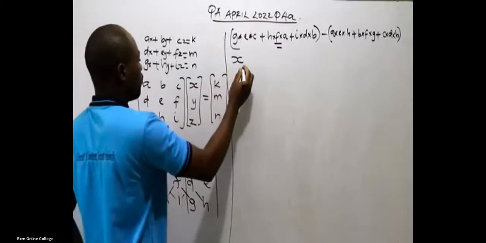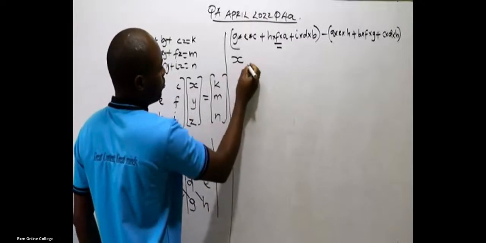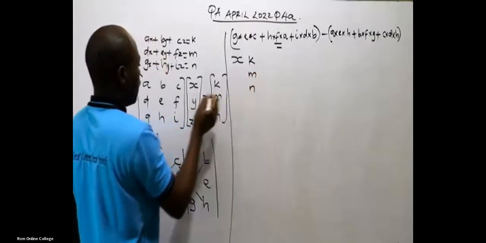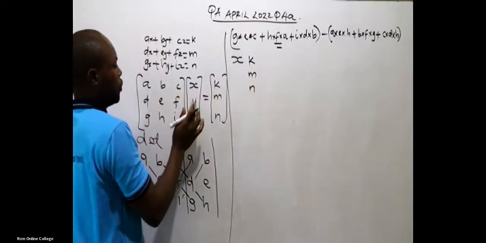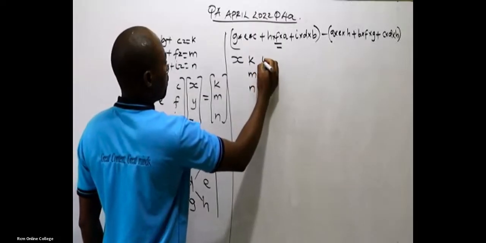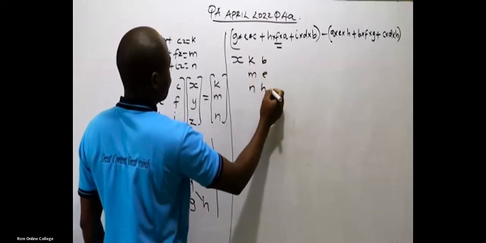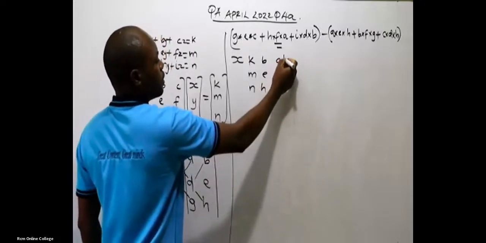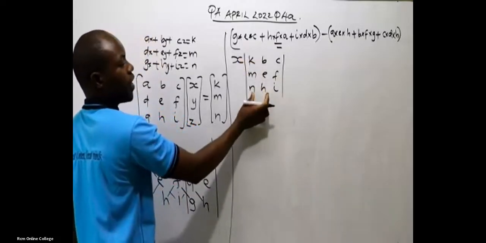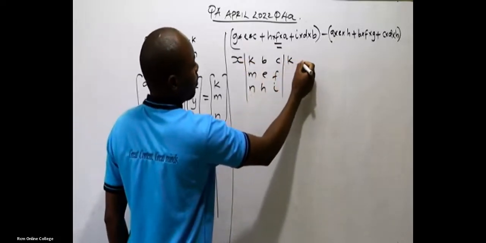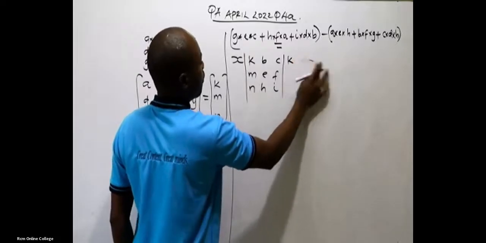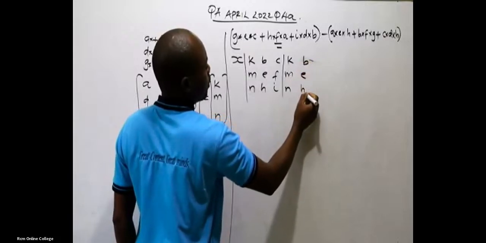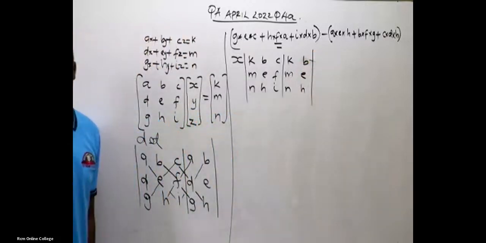So this will be my new matrix: K, M, N. Then I pick the columns that are not being replaced, so we have B, E, H, C, F, I. After getting this, remember, you take the first two columns, that is K, M, N, then B, E, H.